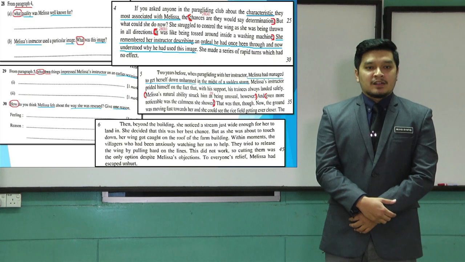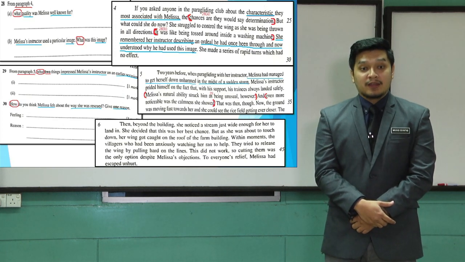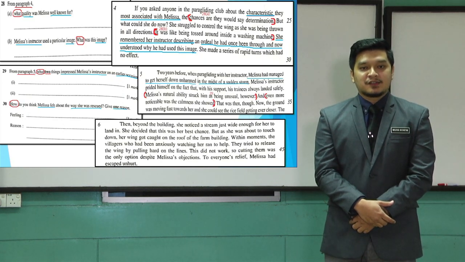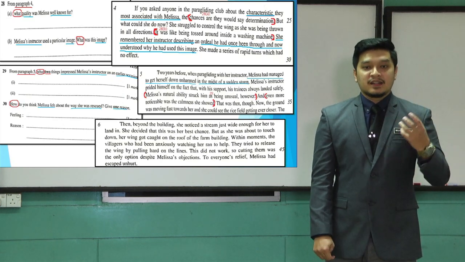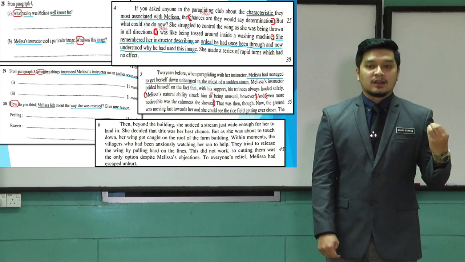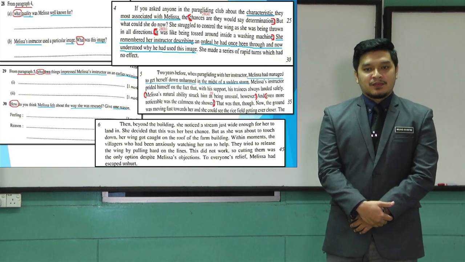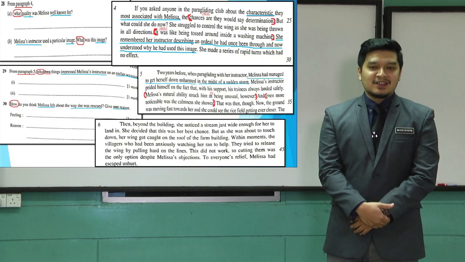Okay. Next question from paragraph 5. So the location is in paragraph 5. What two things impressed Melissa's instructor on an earlier occasion? So we are looking for two things that impressed the instructor previously. Okay, so let's have a look at paragraph 5. Two years before, when paragliding with her instructor, Melissa had managed to get herself down unharmed in the midst of a sudden storm.